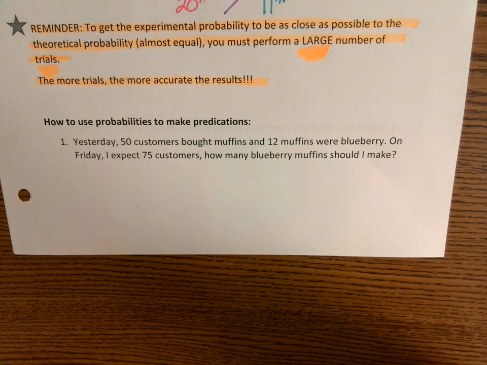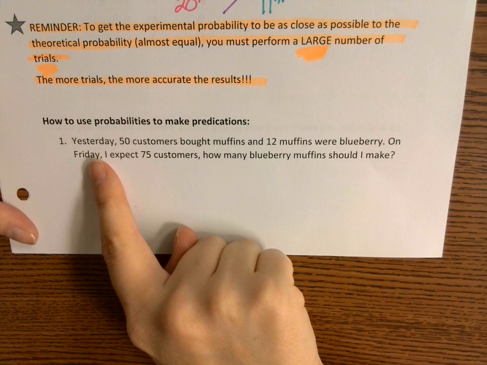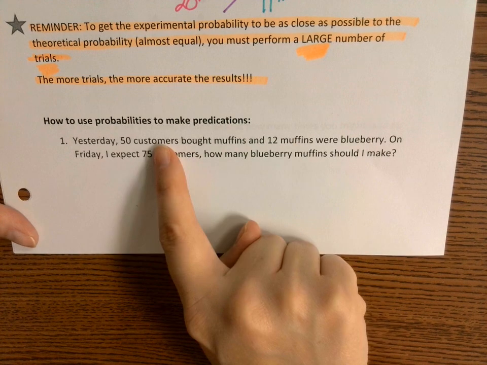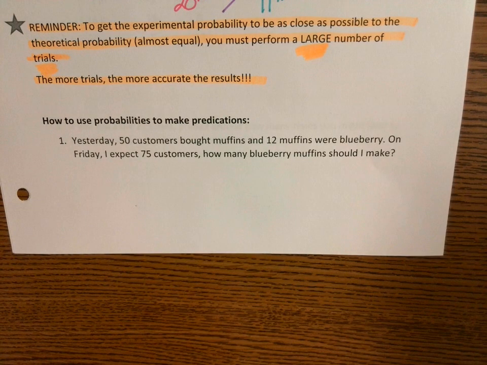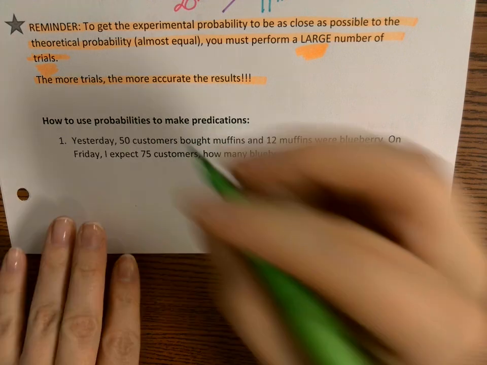Okay? Now, here, 12 muffins out of 50 customers. I want to know how many muffins out of 75. So what you do to set this up is you set it up as a probability prediction. What I mean by probability prediction is you identify what the probability is in the problem.